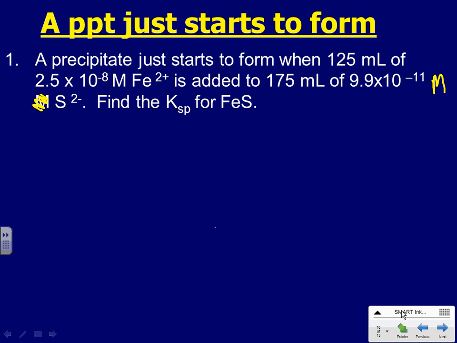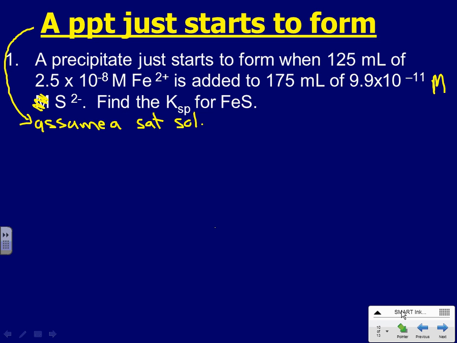So when we're doing a situation where it's saying a precipitate just starts to form, we're going to assume a saturated solution. So when the question says a precipitate just starts to form, assume a saturated solution.